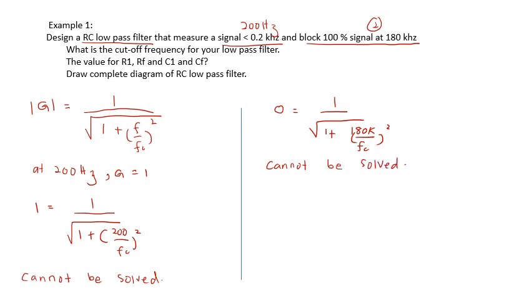So how can we solve for fc, since neither piece of information gives a solution? Let's try another method.